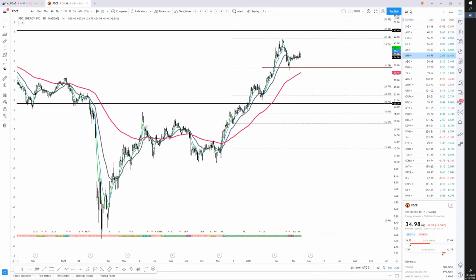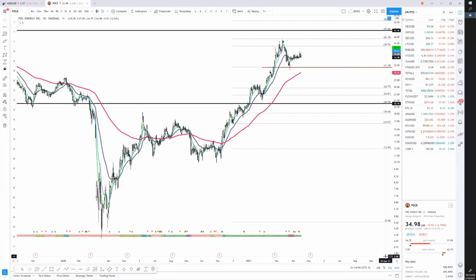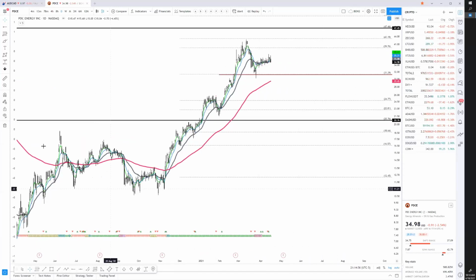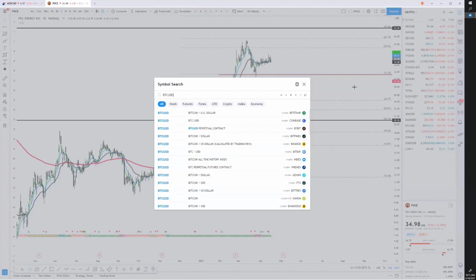So what do we do now for yung totoong relative strength leader this year, which is of course yung crypto market na yan. Ang tinitingnan natin muna dito is of course the BTC. So let's take a look at BTC USD.